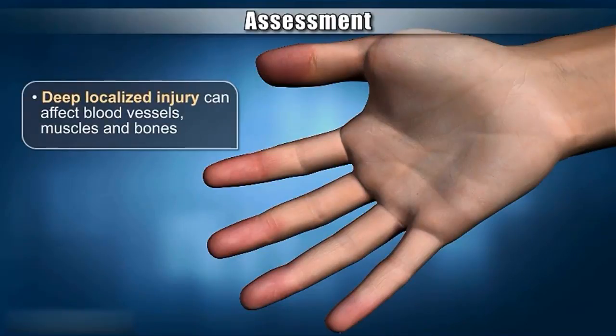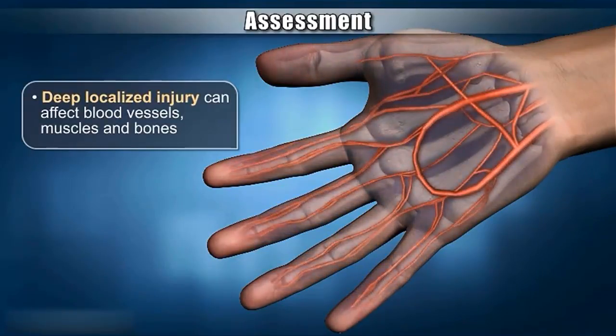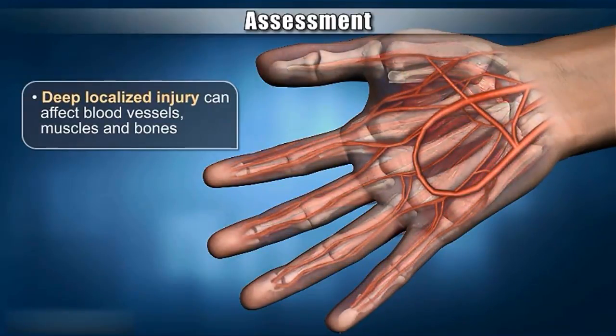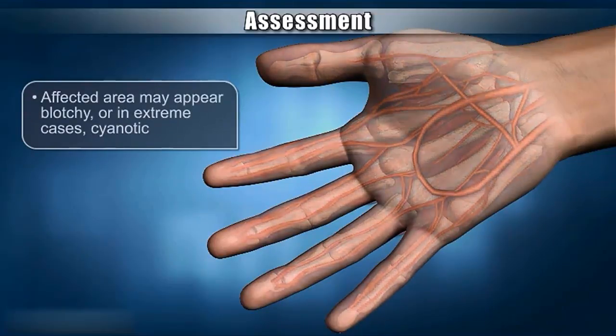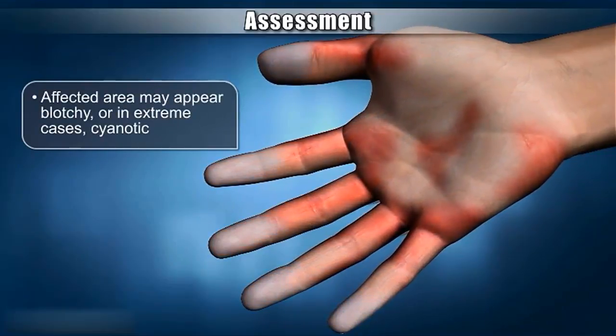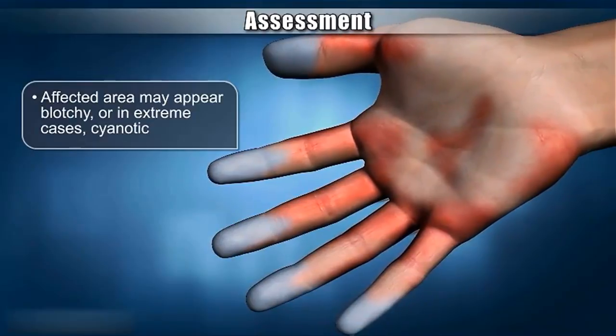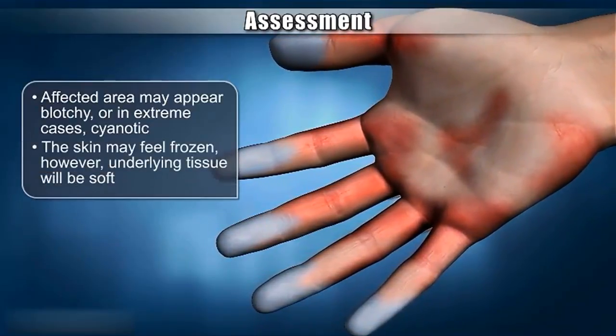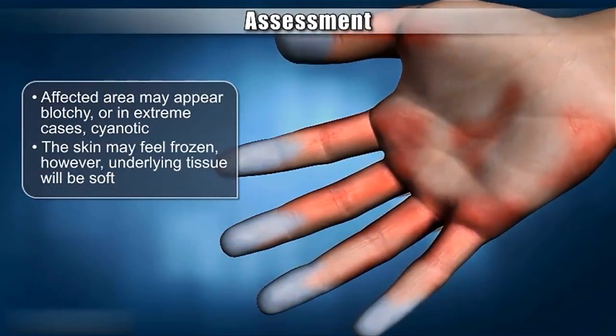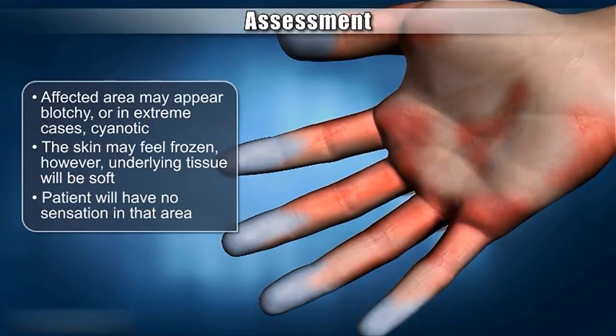Deep localized injury can affect blood vessels, muscles, and bones. The affected area may appear blotchy, or in extreme cases, the area will present cyanotic. The skin may feel frozen, however, the underlying tissue will still be soft. The patient will have no sensation in that area.